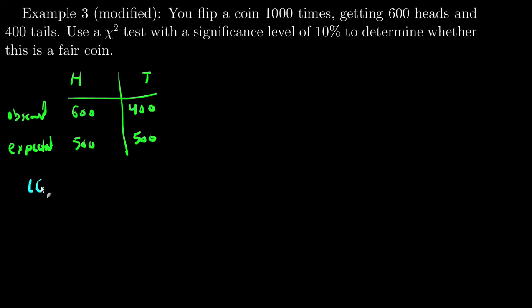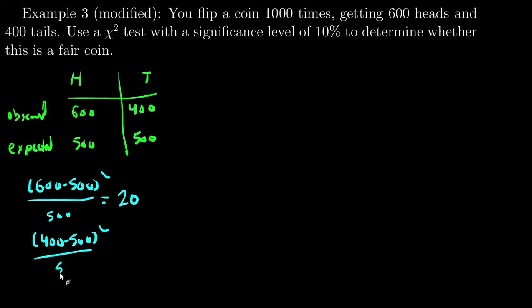So I'll do 600 minus 500 squared divided by 500, which will end up equaling 20. And I'll do 400 minus 500 squared divided by 500, which will also equal 20 in this case. So my calculated value will be 20 plus 20, which is 40.